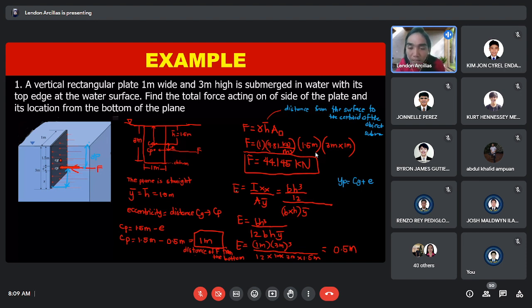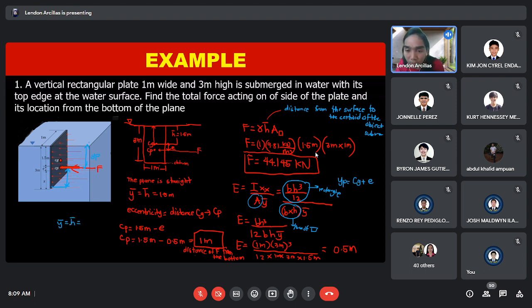Okay, eccentricity. And eccentricity is equal to the inertia at the centroidal axis. This is rectangle, BH cube over 12. And this is the area of the rectangle A. Y bar. Again, ano nga tong Y bar? Y bar is equal to the H bar.